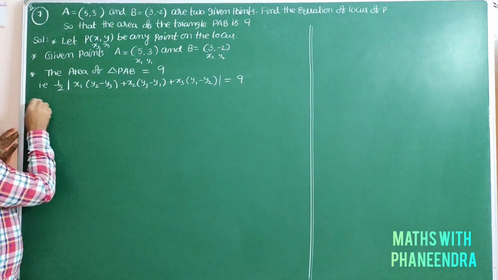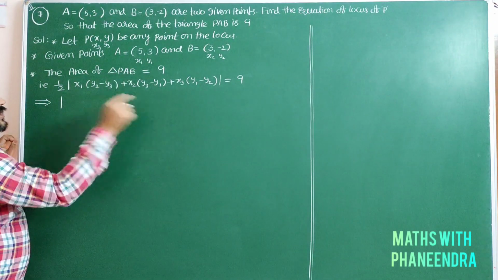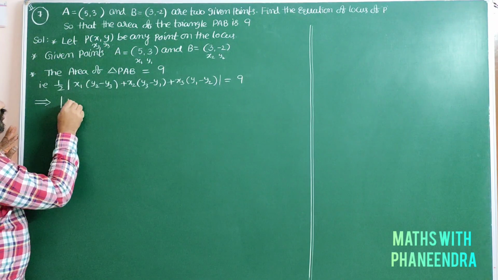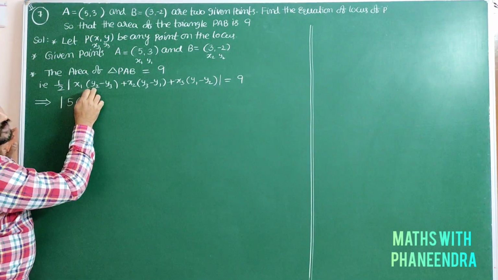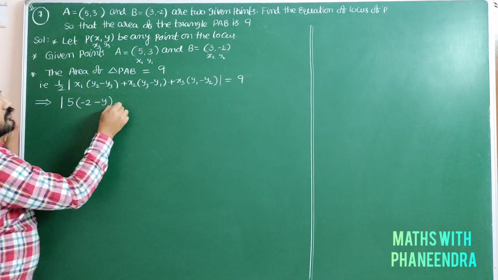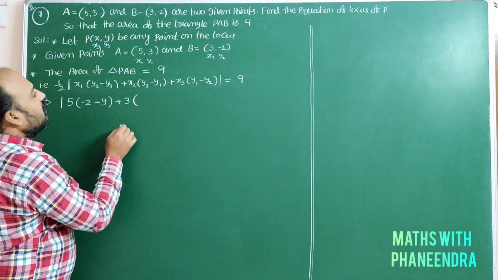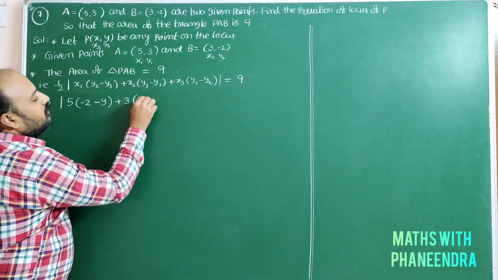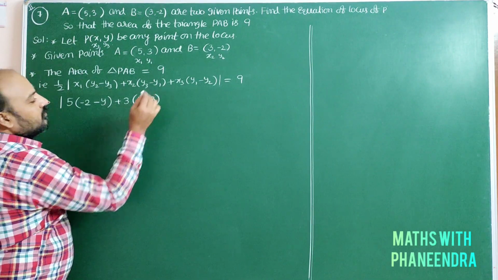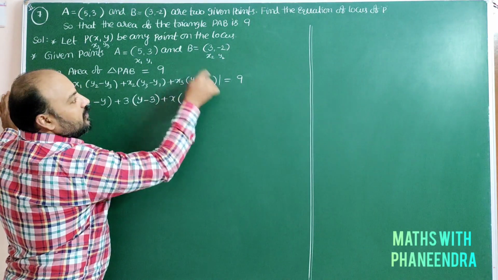In the next step, mod, 2 we are taking that side, and before that we will substitute the respective values. x1 equal to 5 into (y2 value is minus 2 minus y3 value is y), x2 value is 3 into (y3 minus y1). So y3 means y, minus y1 value is 3, plus x3, x3 means x, into (y1 minus y2).